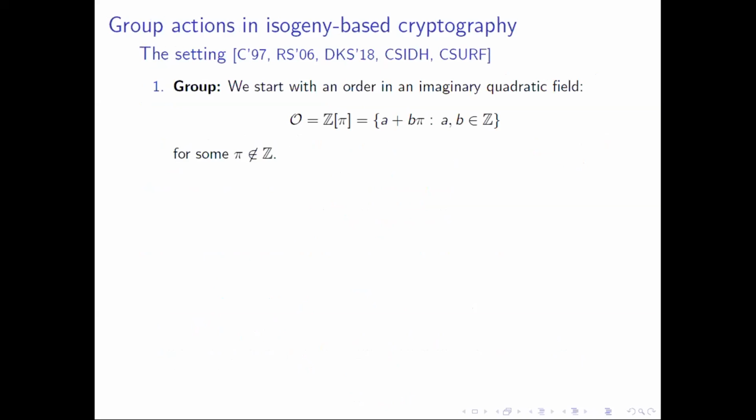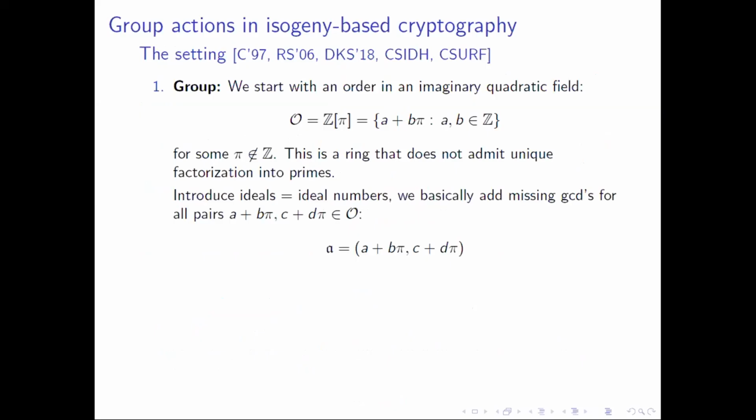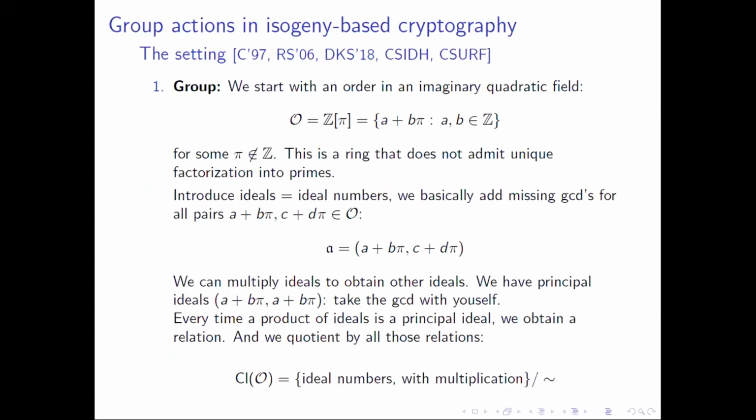And so the group action that is actually used in isogeny-based crypto is by these class groups in imaginary quadratic fields. Let me skip the definition of the class group, but it is a very algebraic and very beautiful and classical object. We just have this very well-studied group that was already known to Gauss and is very, very well understood.